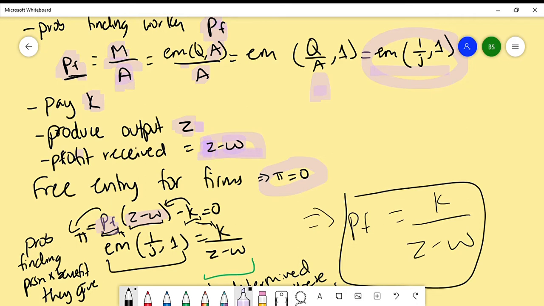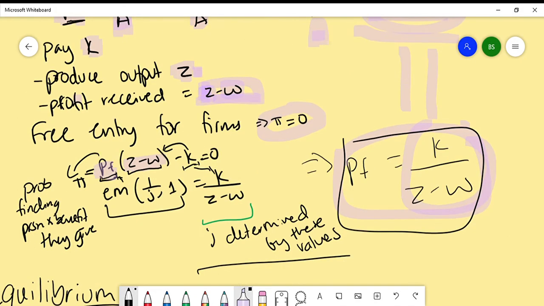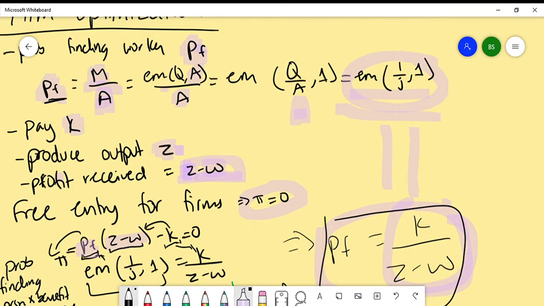We rearrange this and we get PF equals K over Z minus W. We also have PF equals this EM expression, so this EM expression is equal to K over Z minus W. Both of these are equal to PF; there are different versions of writing the PF function.